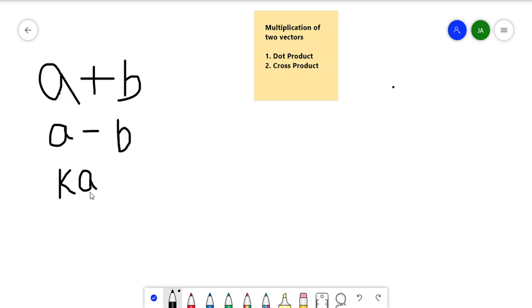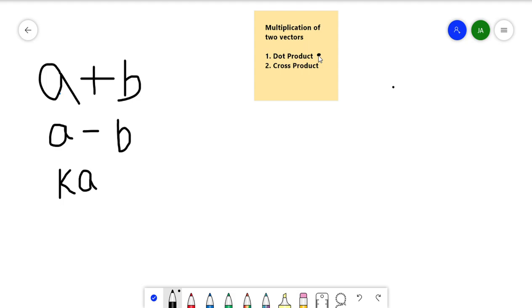For that, we have two ways in which you can multiply two vectors together. We have what we call the dot product, which is what we'll be talking about today, and we have the cross product. Now, the dot product is also called the scalar multiplication of vectors, and this is because when we find the dot product of two vectors, our result gives us a scalar quantity.